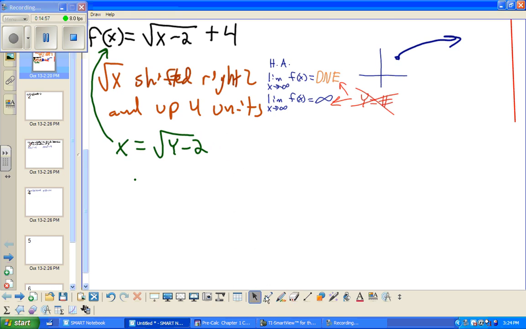And then I'm going to solve for y. Well, basic algebra from here, I'm going to subtract 4 from both sides. And then I'm going to square both sides.